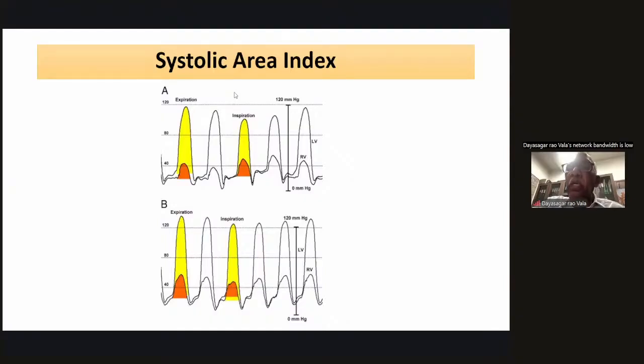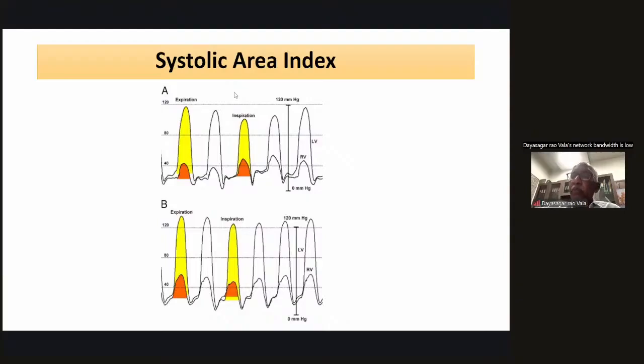You see that during expiration, the LV pressures are high and RV pressures are low. The reverse occurs during inspiration, wherein the LV pressure comes down, RV pressure goes up. This is the so-called discordant movement of the pressures which are dependent upon the phase of respiration.